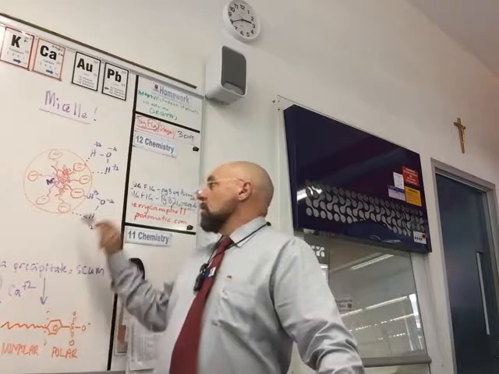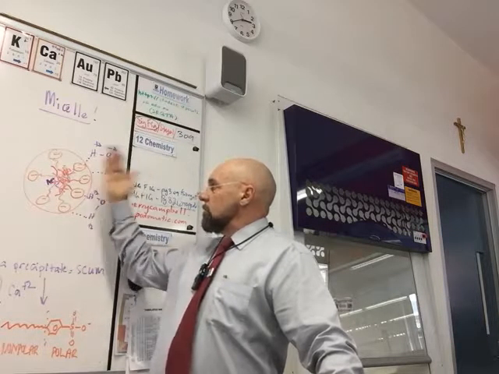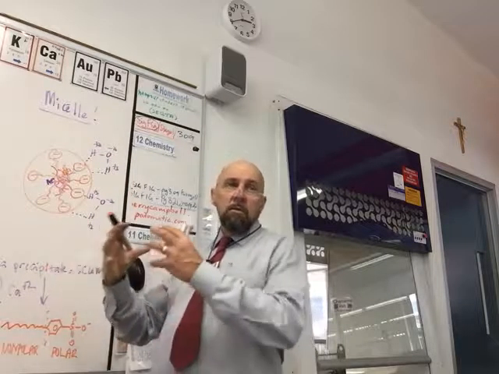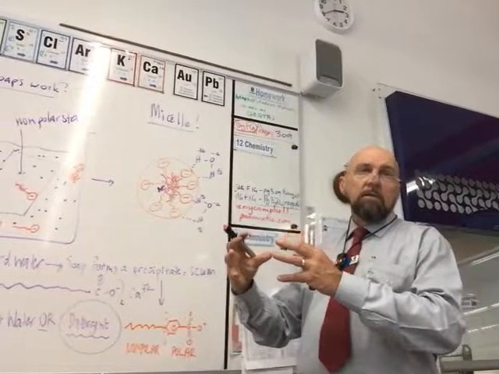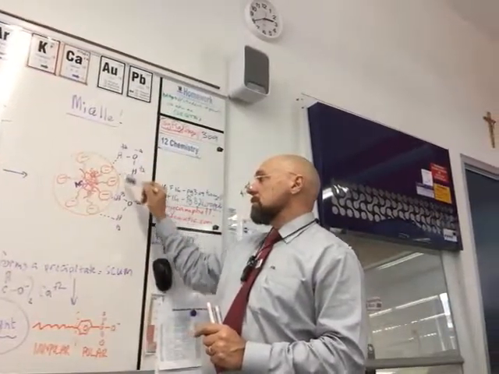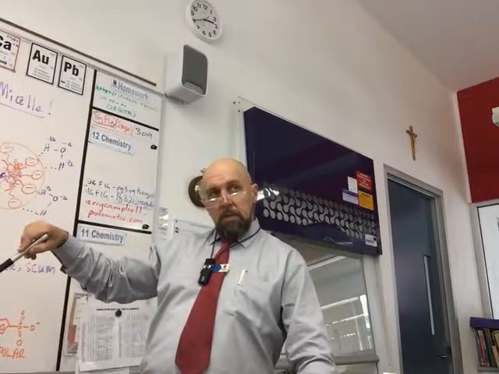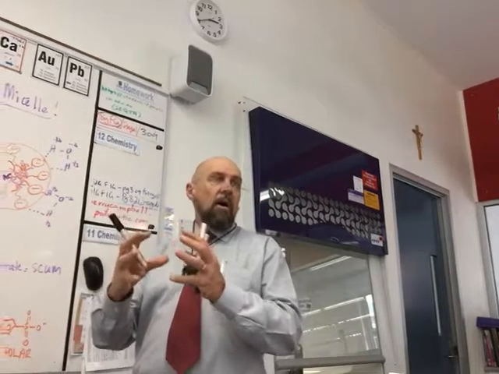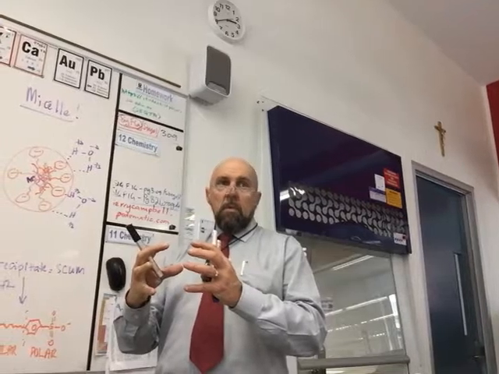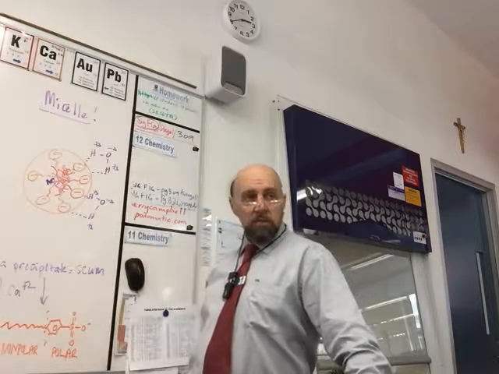Now, at the same time, notice that the outside, and this is not a two-dimensional shape, this is in 3 dimensions, so it's a sphere that I've created. And the whole outside of this structure is negatively charged. So it now looks like one big negative ion sitting in water. But water, we know, is a polar solvent.